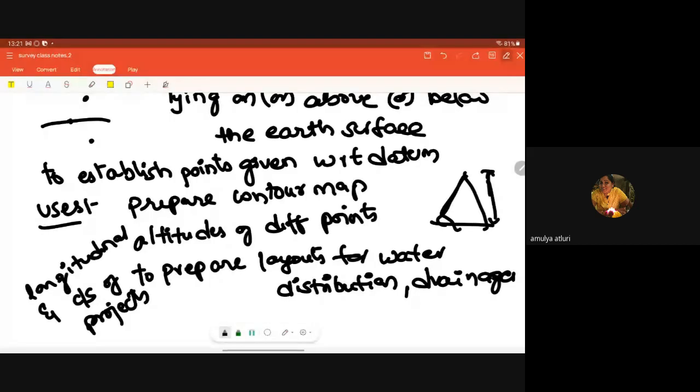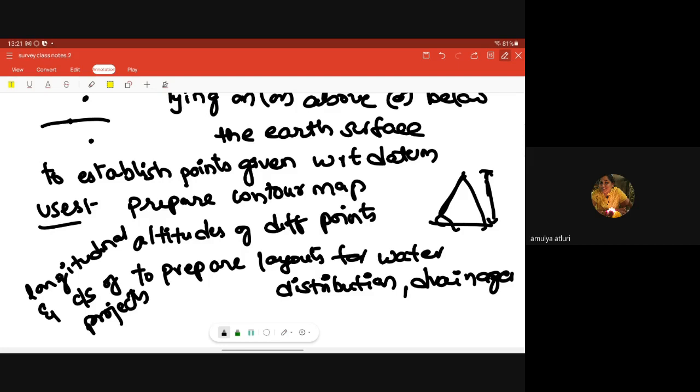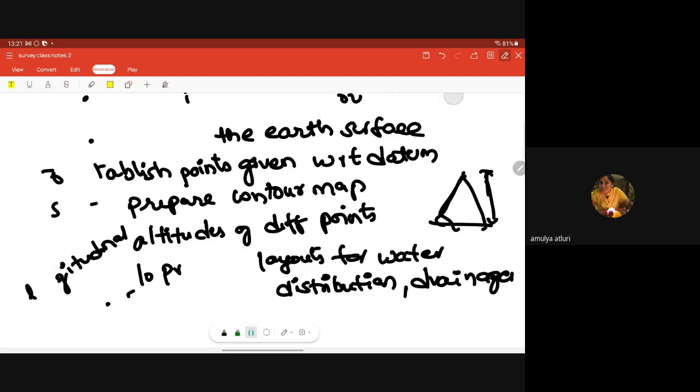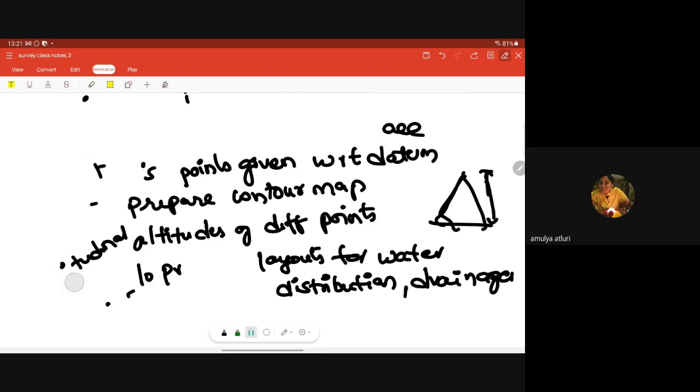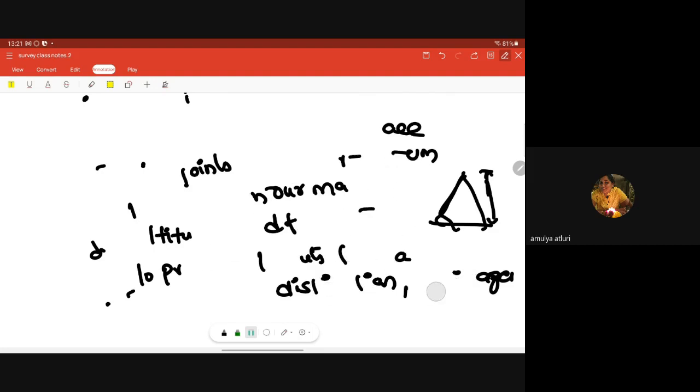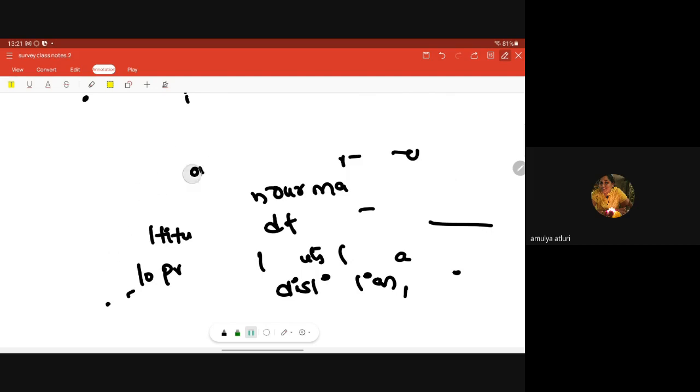So these are the uses of leveling. Till now we have dealt with the principle, objectives, and uses of leveling, right? So what are the terms generally used in leveling?